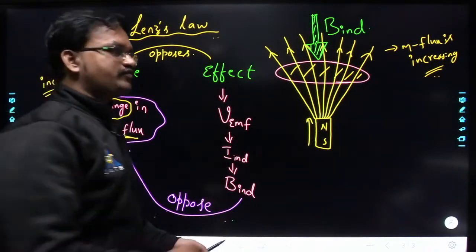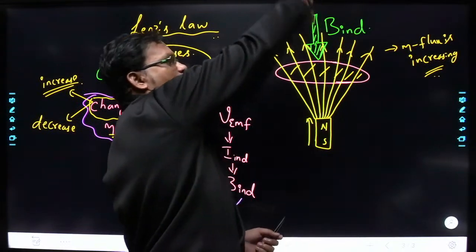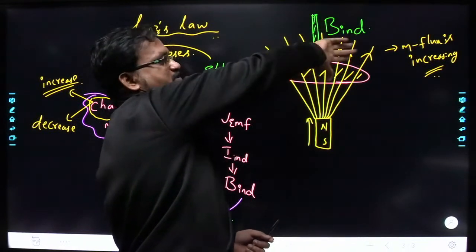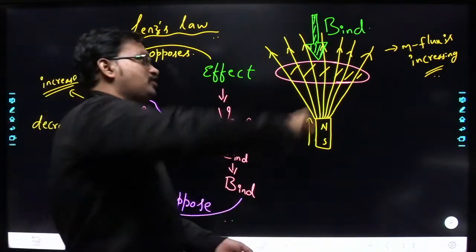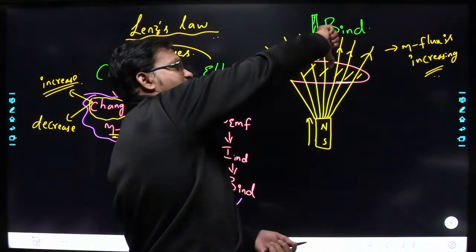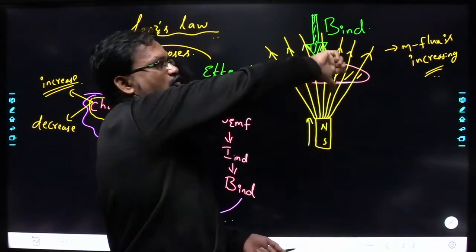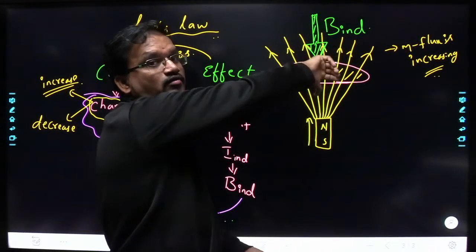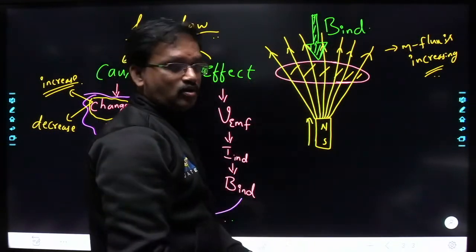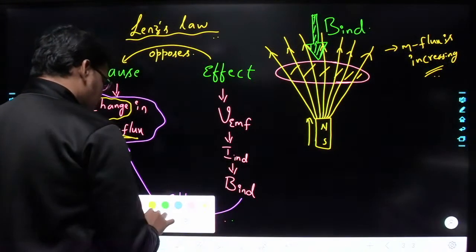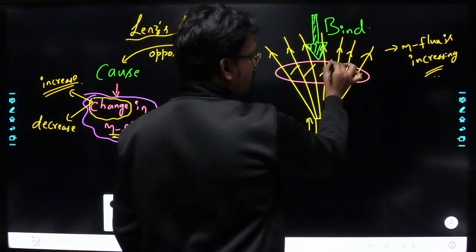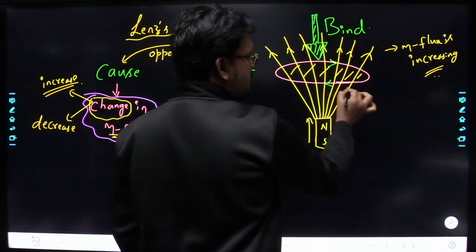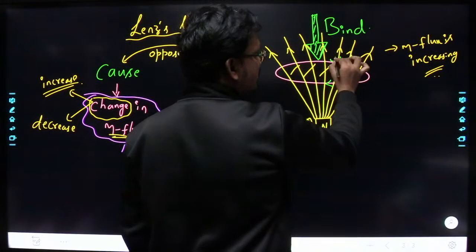If the induced magnetic field is pointing downward, then what must be the direction of the induced current? It will flow in the clockwise direction. So the induced current through the loop has to flow in the clockwise direction.